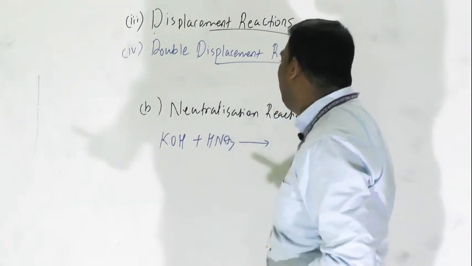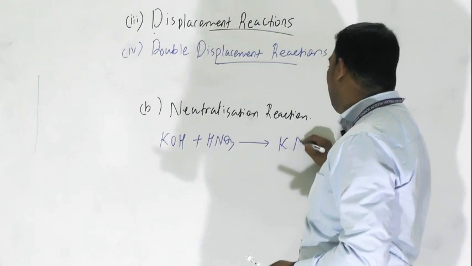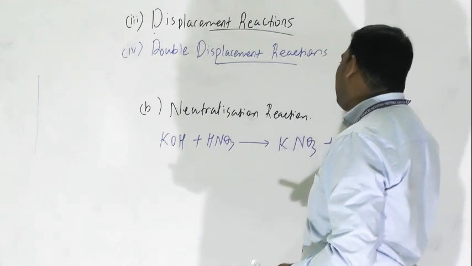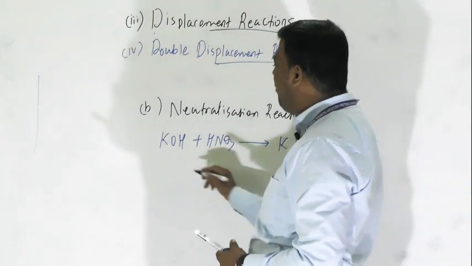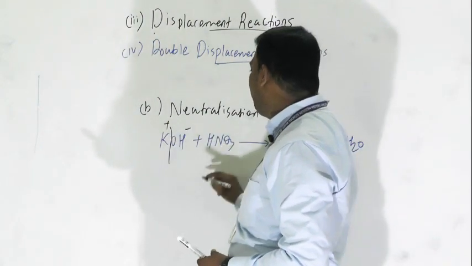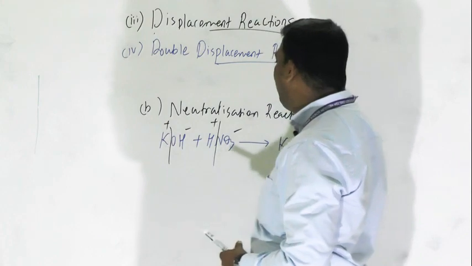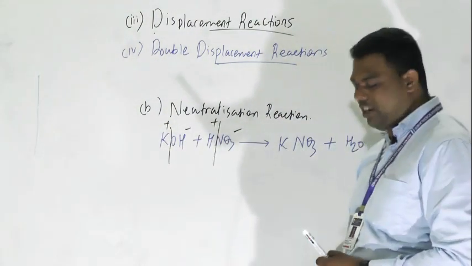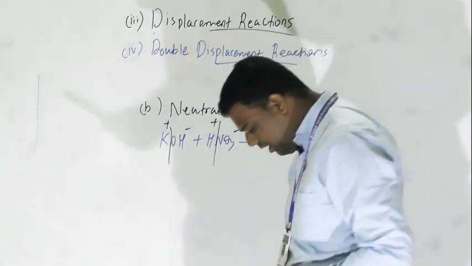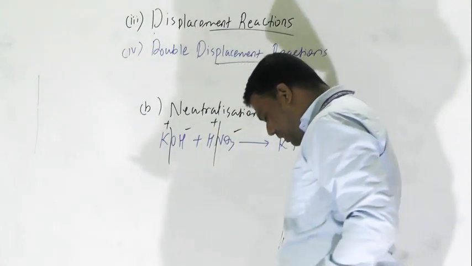What will you get? You will get KNO3 plus H2O. Here breaking is important: K plus OH minus, here H plus NO3 minus. So KNO3 forms, and H plus and OH minus join, and you will get water.